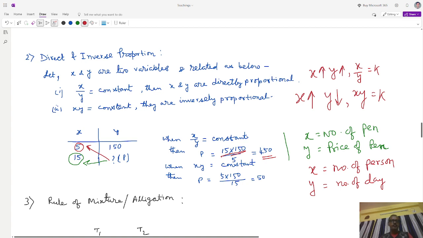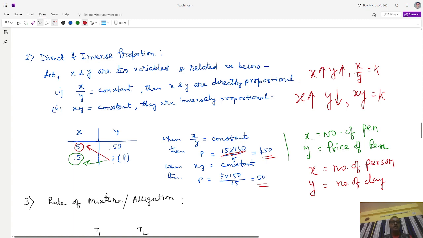If 5 persons can do this piece of work in 150 days, then 15 persons altogether can do this work in 50 days only, right? In this way, using direct and inverse proportion, we can solve many problems in arithmetic.